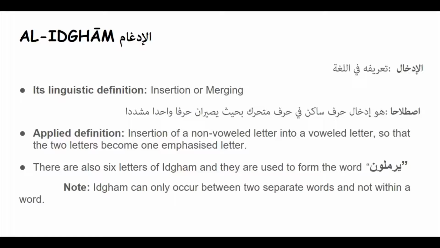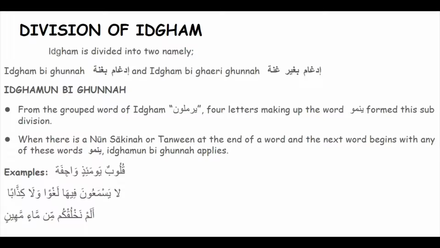So for idgham, we mentioned that we have 2 kinds of idgham, and this is idgham bighayri ghunnah and idgham bighunnah. Idgham bighunnah is a kind of insertion that is not complete, that will be having the remnant of nun sakina, which then produces ghunnah, nasal sound.